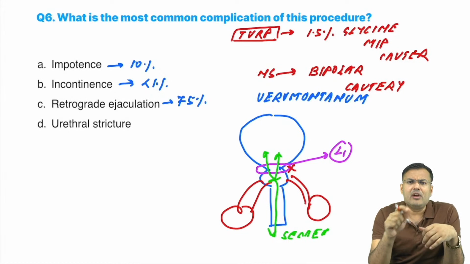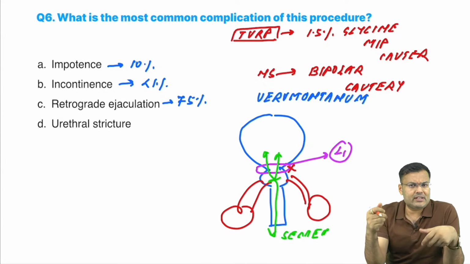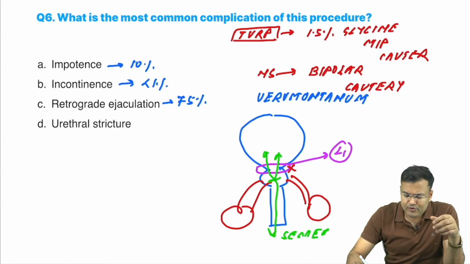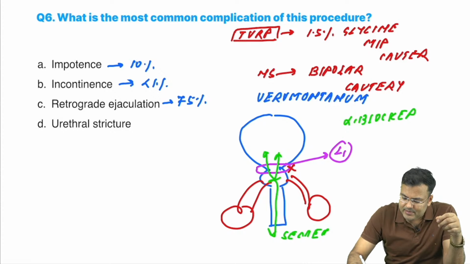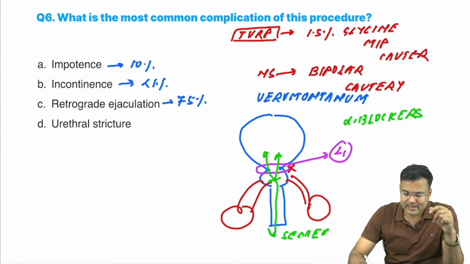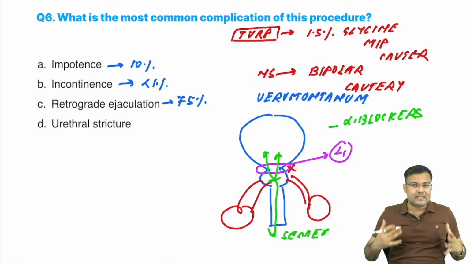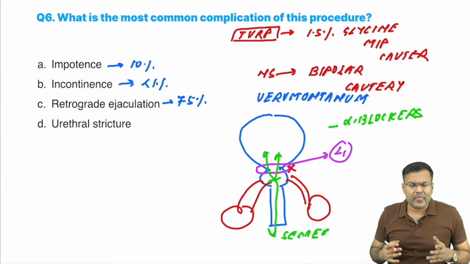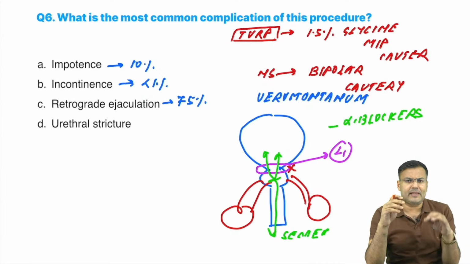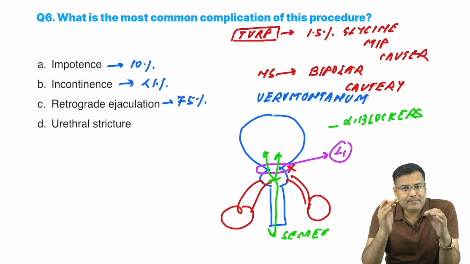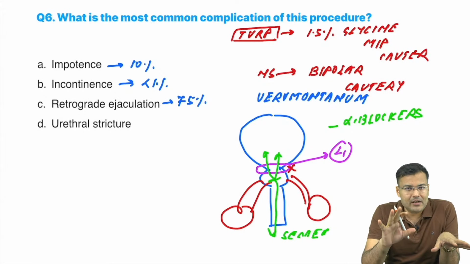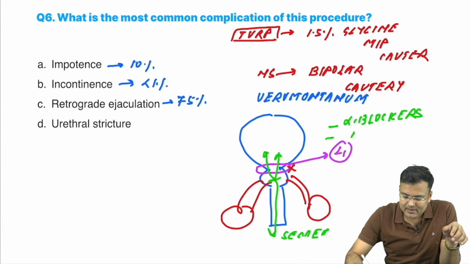Guys, can you tell me what are the other conditions in which you can see retrograde ejaculation? If you are giving alpha blockers like prazosin, terazosin in BPH. Second, whenever we are performing lumbar sympathectomy for Buerger's disease, and you perform bilateral lumbar sympathectomy, you have to spare at least L1 from one side, but if you didn't spare L1 from one side, in that case also, what will happen?